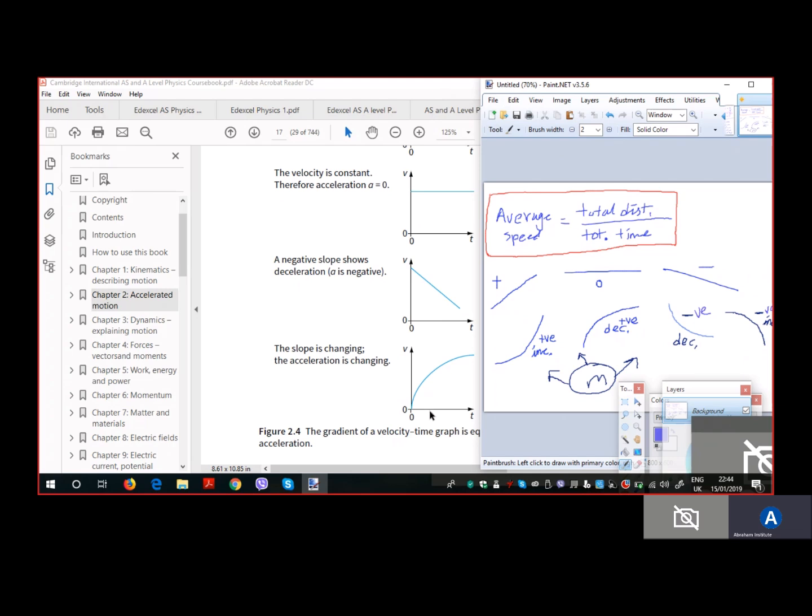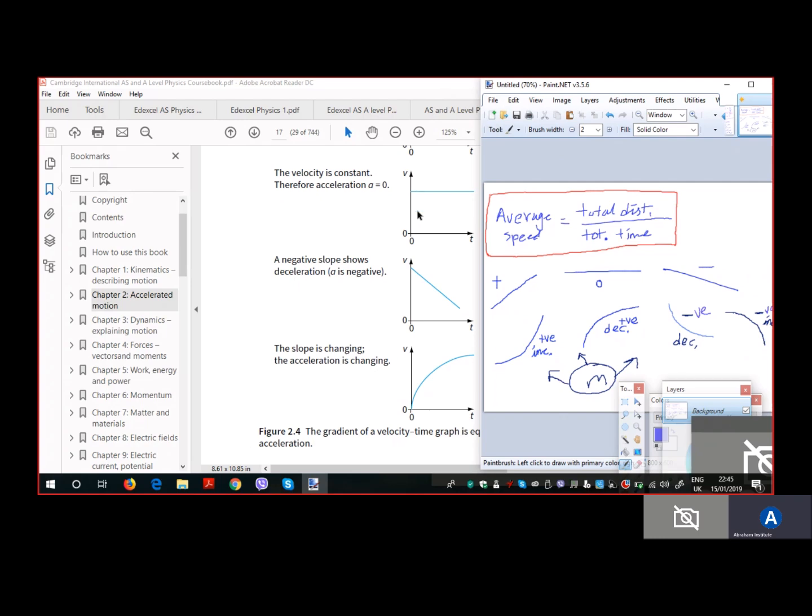If you want to go fast, you start in a lower gear. When you increase the gears, you can go at a higher speed, but the acceleration is getting lesser and lesser. Another example is skydivers, so we'll see that.